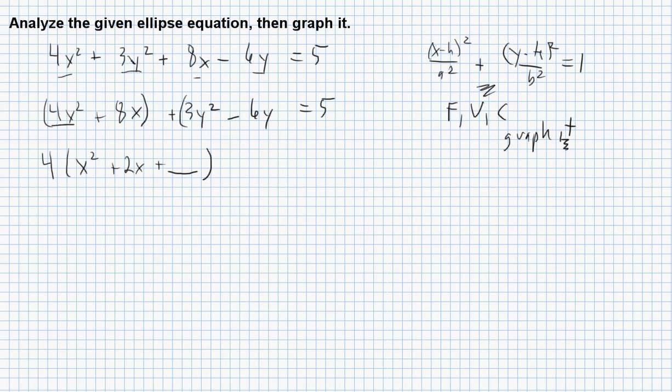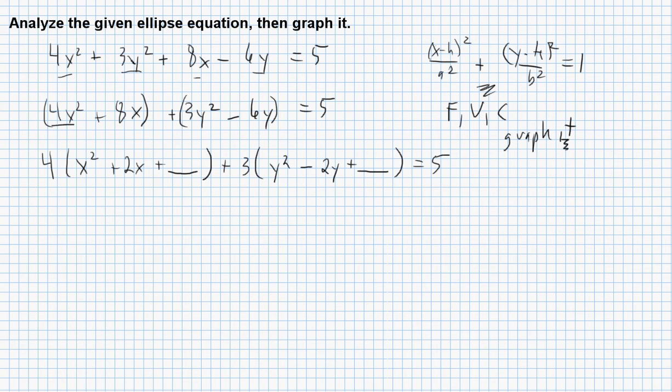Here we're going to divide the y parts. We're going to factor out a 3 so that the coefficient on the y squared is 1, because that makes it easier to complete the square, minus 2y, because 6 divided by 3 is 2. Put a blank in, close the parentheses, equal 5.